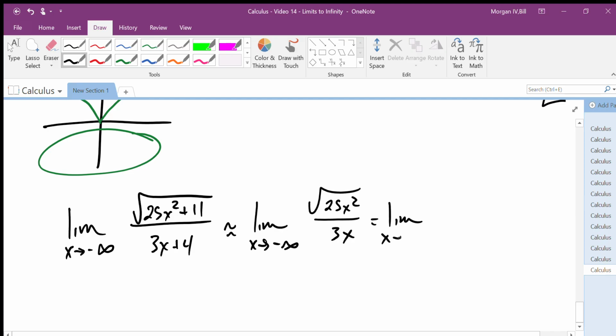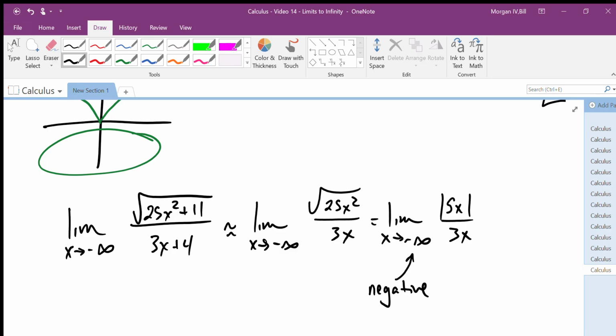Limit as x goes to negative infinity, absolute value of 5x over 3x. But now our values are negative. The x values are going to negative infinity, therefore they are negative. 5 times a negative number would be negative, the absolute value of which makes it positive. So our numerator would be positive, right? The absolute value of 5 times any number makes it positive.